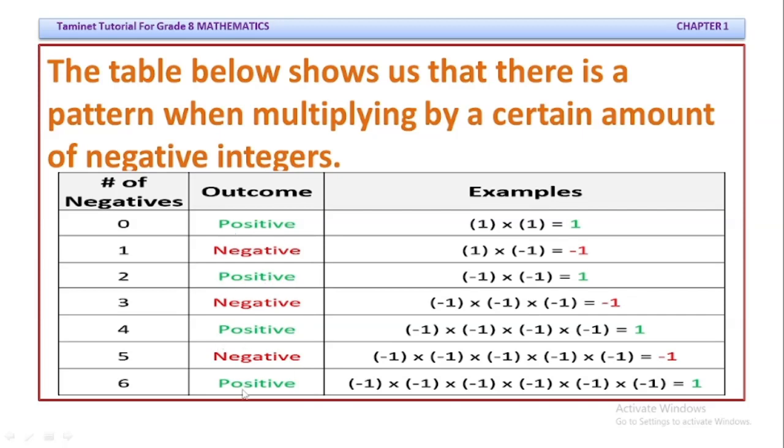The positive determines for all even numbers: 0, 2, 4 and 6. But for an odd number of negatives, 1, 3, 5, the product will be what? Negative. So you can use this rule to decide the sign of the product. So this is always true.